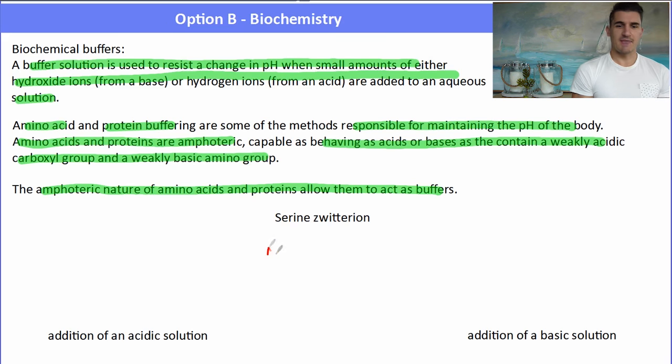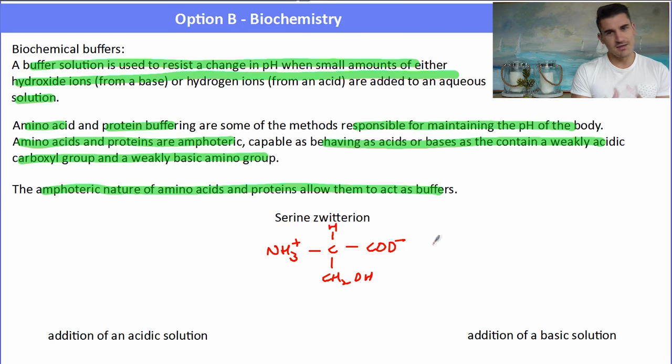Amino acids and proteins are amphoteric, so that means they can act as either acids or bases. So if I have my serine Zwitter ion, which would have an NH3+ and a COO- at the end, well, it can act as either an acid or a base depending upon what we do to this buffer solution.